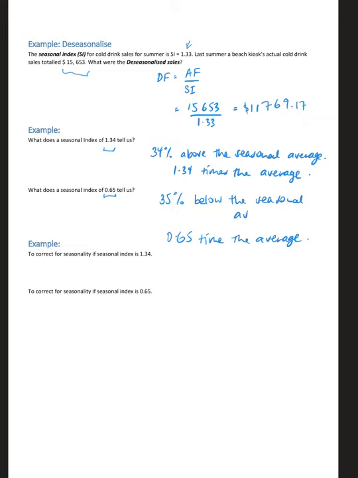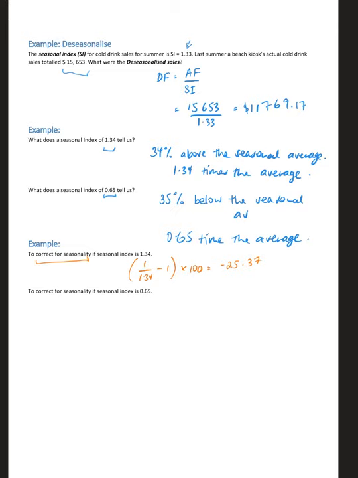Next question. To correct for seasonality, if the seasonal index is 1.34, we go 1 over the seasonal index, which is 1.34, we minus 1, and we times by 100. Then you pop that on your calculator. It gives us negative 0.2537.